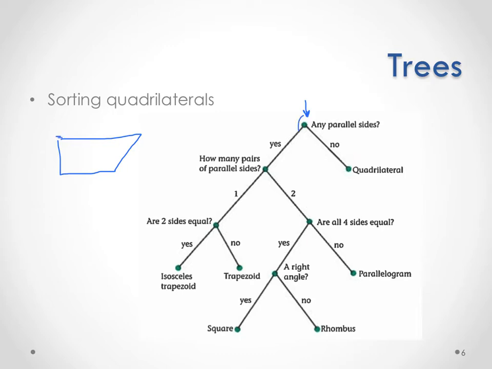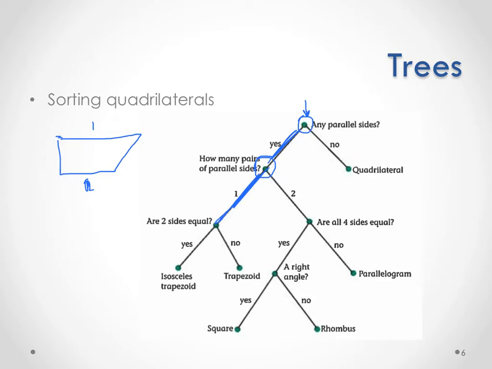I start up here with this node. Are there any parallel sides? Yes, there's a parallel side. How many pairs? We know there's 2 pairs. Well, 1 pair. Sorry, that should be 1. These 2 are parallel.